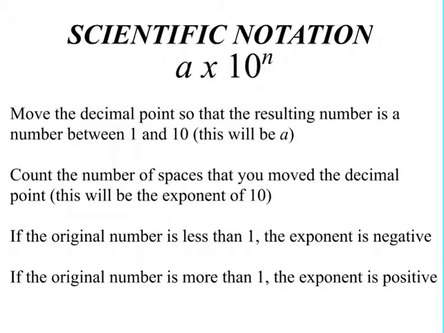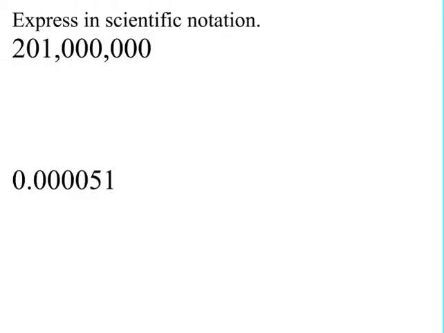This will be the exponent of 10. Step 3, if the original number is less than 1, the exponent is negative. If the original number is more than 1, the exponent is positive. If you didn't get these all written down, that's fine. Just leave a space and we'll go back at the end. But we're going to go through these steps.